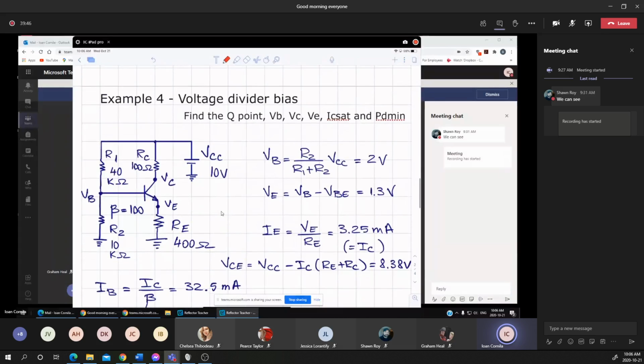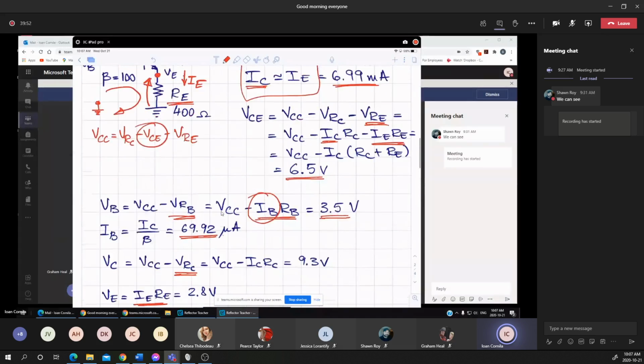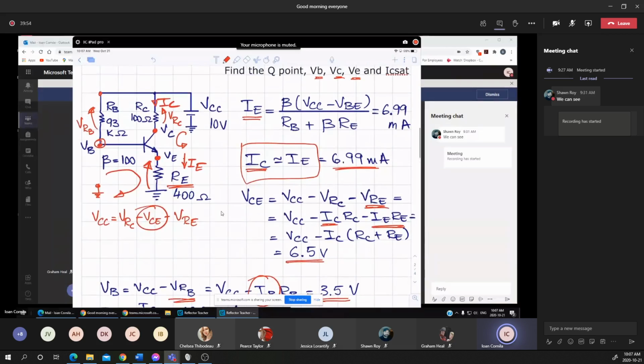Because I will start talking about the last example. Now, the advantage, again, is pretty simple, but it does not give too much flexibility in adjusting the voltage at the emitter.